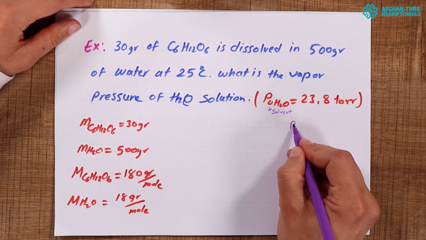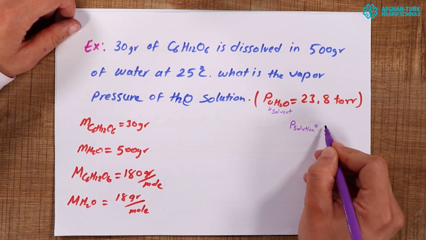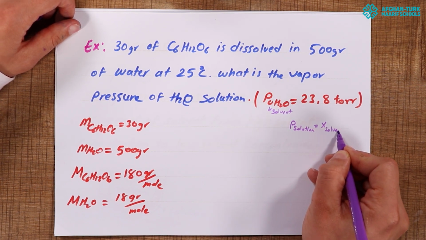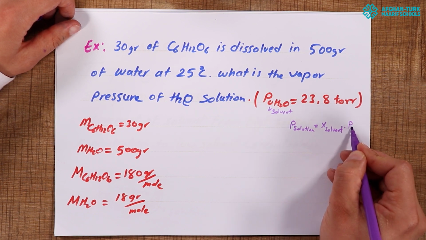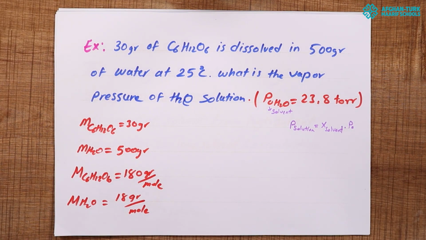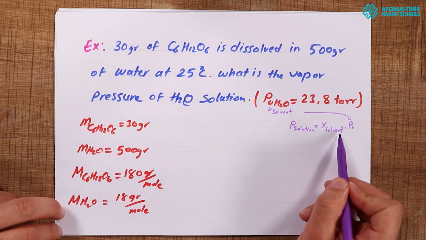According to this formula, vapor pressure of the solution is equal to the mole fraction of the solvent times vapor pressure of the solvent. The question gives us this value, but we do not have the mole fraction of the solvent.